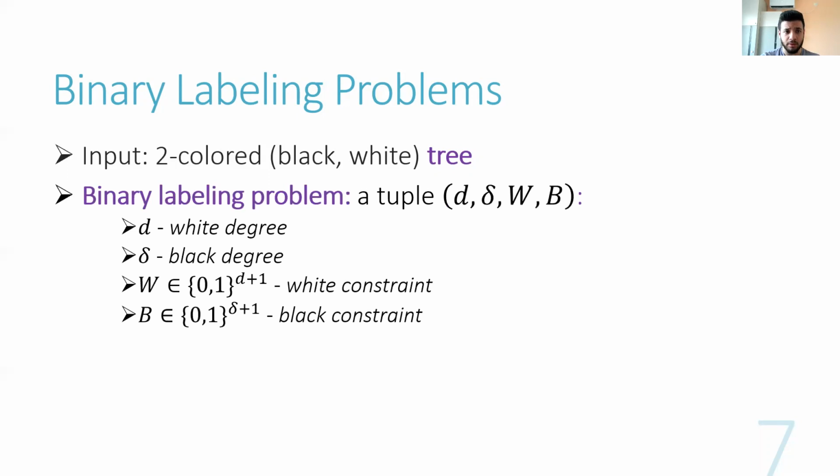So to be formal, a binary labeling problem is a tuple with D being the white degree, delta being the black degree, and W and B are the white and black constraints respectively. And what do I mean by that?